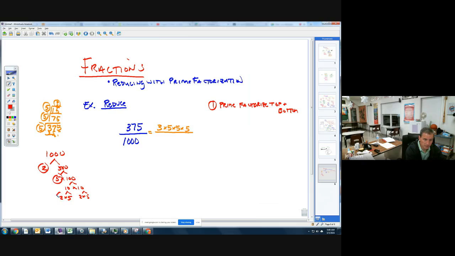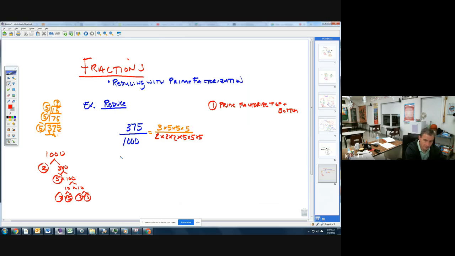So we end up with, again, organization is key, it looks like I have 3 2s and 3 5s. So 2 times 2 times 2 times 5 times 5 times 5. Make sure I get that right.